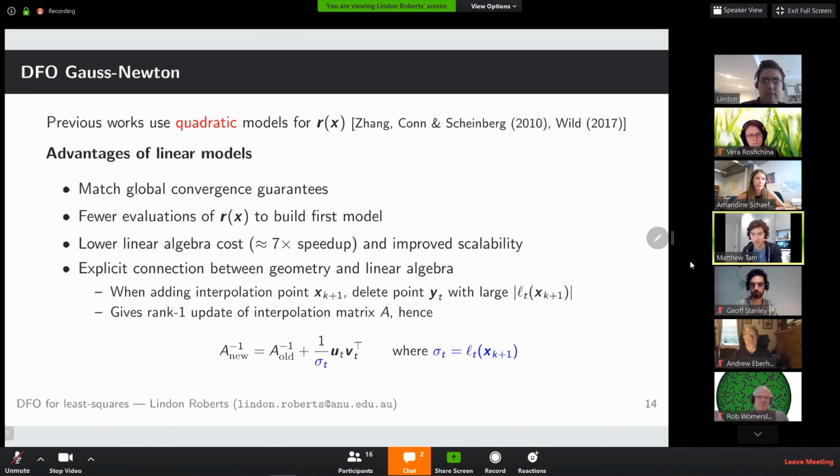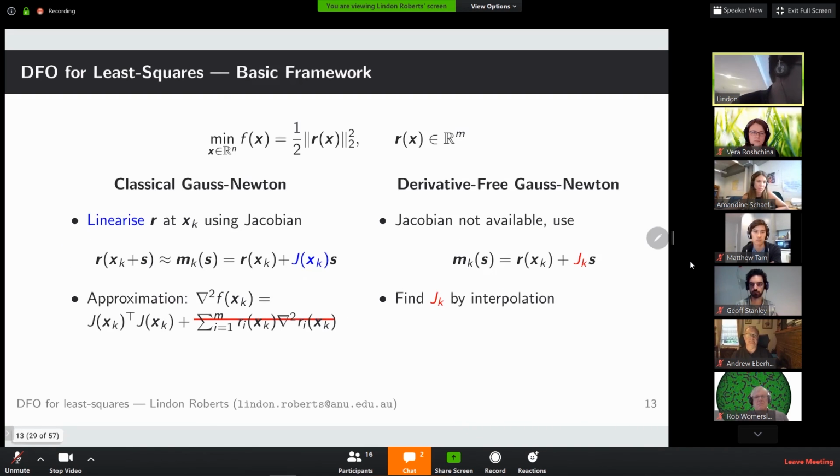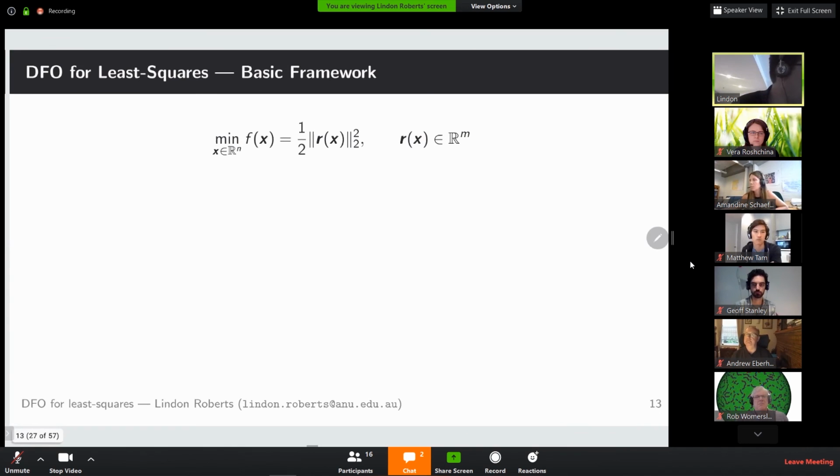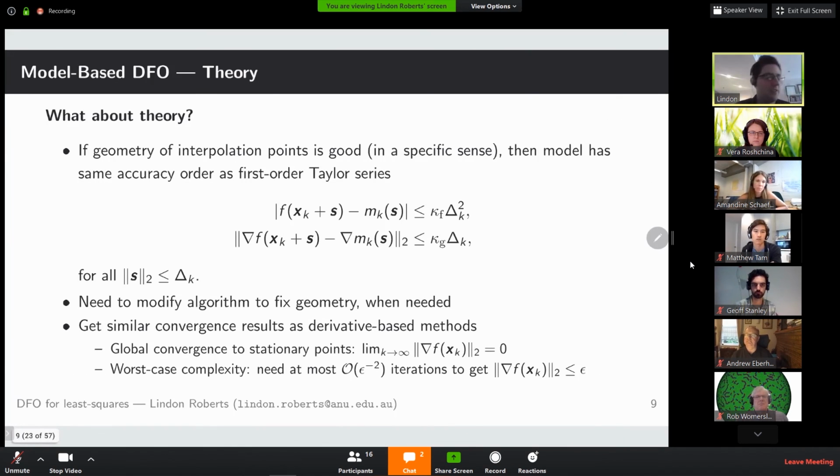Does that mean that the assumptions you need to prove convergence in the linear model versus quadratic case, how do they compare? They're very similar actually, because they're based around this full linearity concept, which I had back here, so everything is as in a first order Taylor series approximation.